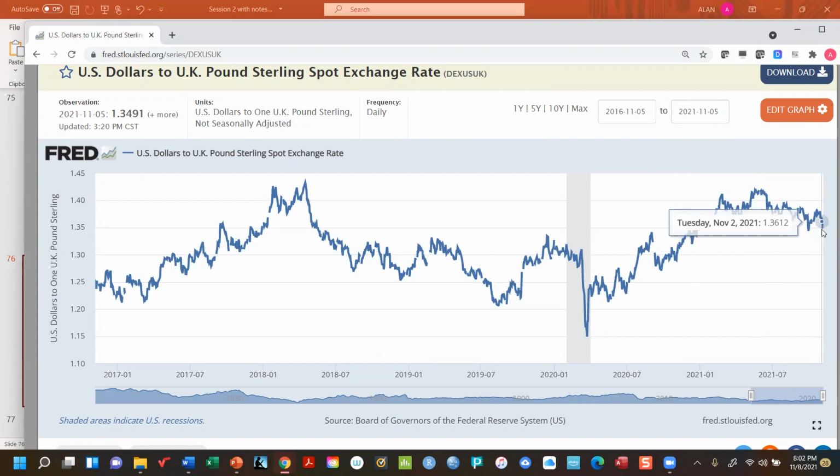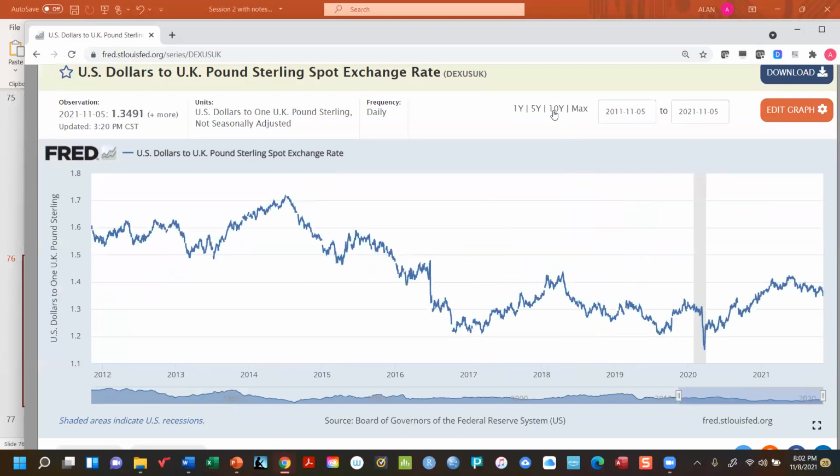Now you can see that we've had some ups and downs here. Now look at this. Sometime in the beginning of 2020, now that would be the COVID. Let's go back a little further here. Where else did it suddenly spike down?